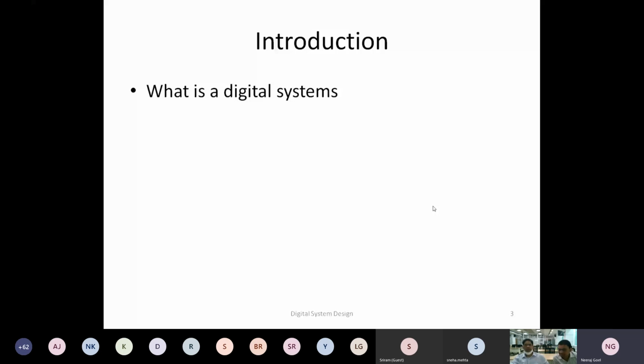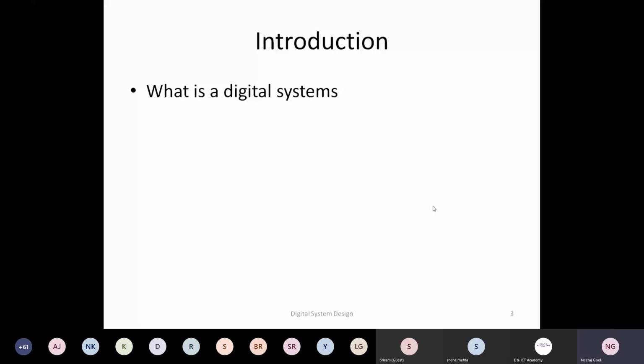A system is a kind of closed entity where things inside are interconnected to each other, while they interact with outside entities with very defined interaction levels. Here the system is a digital system, very specific.